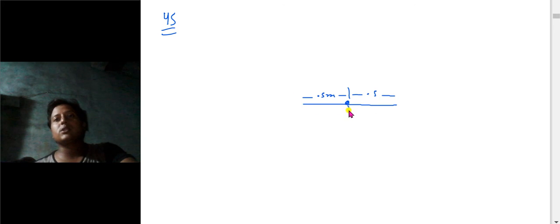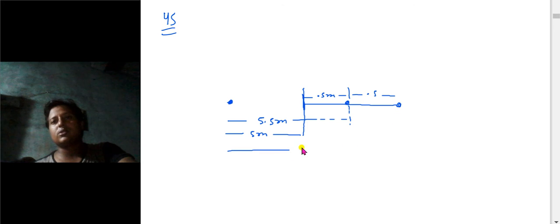And from the center, at a distance of 5.5 meter, there is a man here. So this distance comes out to be 5 meter, and this distance comes out to be 6 meter. One end A comes out to be at 5 meter, and other end of the boat comes out to be at 6 meter.